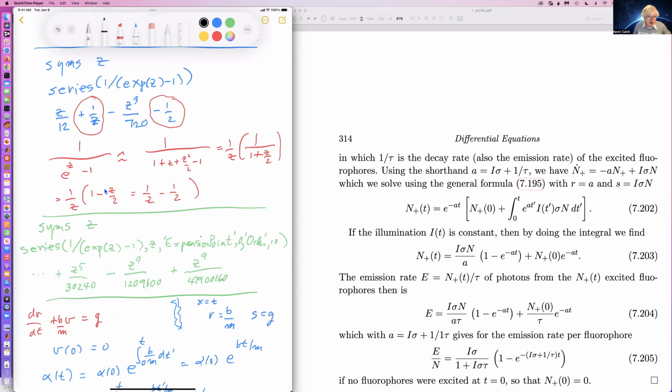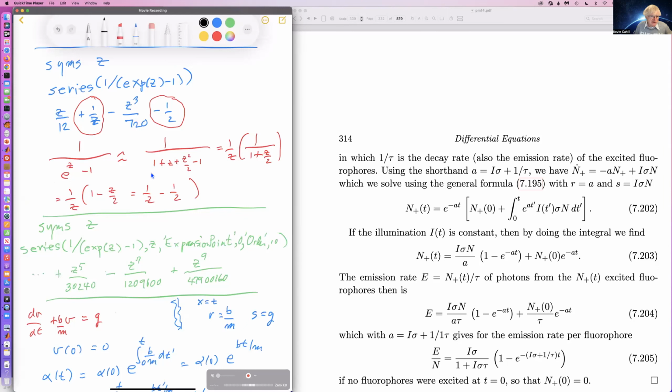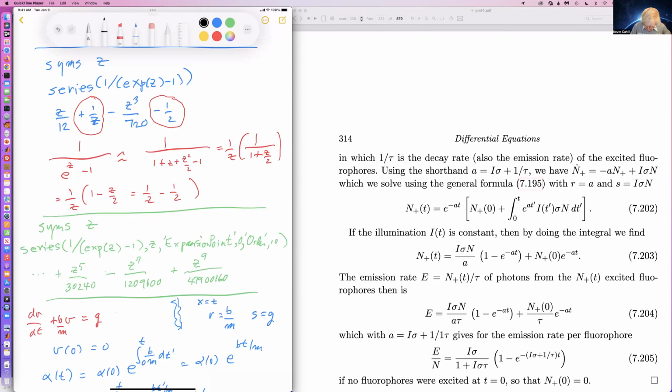suppose we were doing it by hand, then we'd say, well, e to the z, for small z, is 1 plus z plus z squared over 2. You subtract 1, the 1's cancel. You factor out a z, you get 1 over z times 1 over 1 plus z over 2. And then, here I left out a parenthesis, so let me put in the parenthesis.